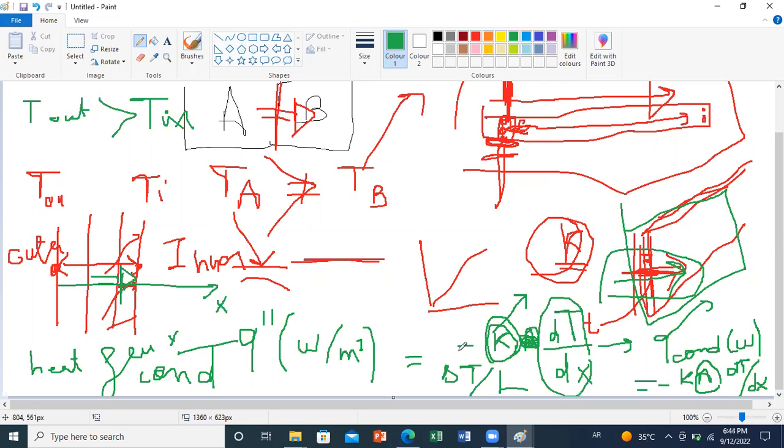And that's why we put the minus sign, because heat flux by conduction will always tend to go from highest temperature to lowest temperature. So from here we can say that the conductive flux is proportional to delta T, the difference in temperature between the two sides, and inversely proportional to the thickness, which is L.